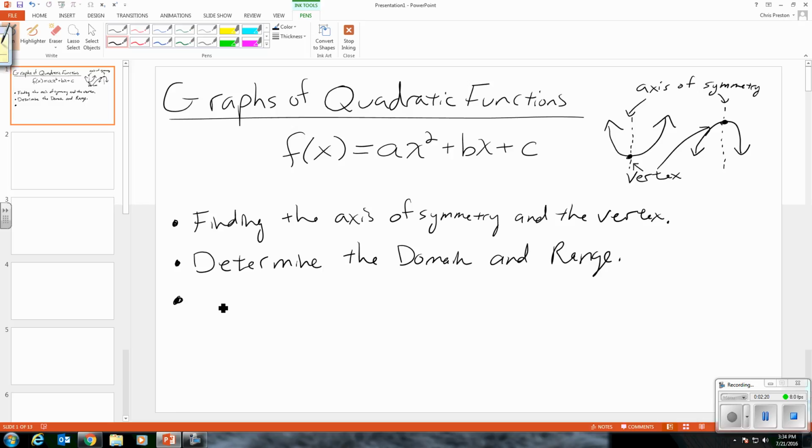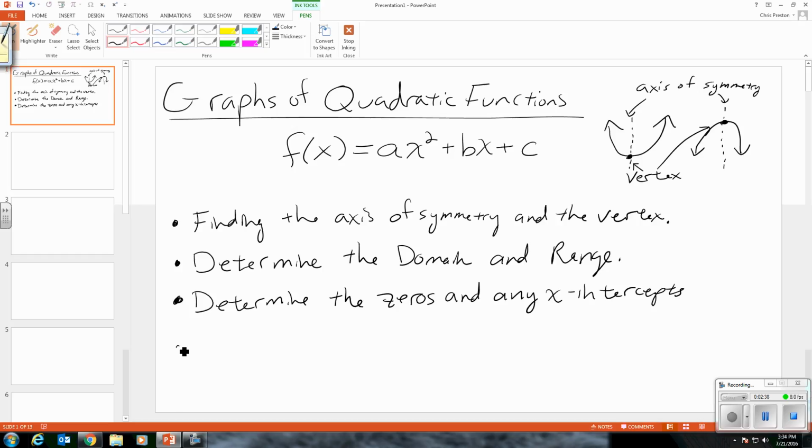We're also going to determine the zeros and any x-intercepts. And we'll also determine the y-intercept as well. Okay, so let's start off by looking at the axis of symmetry and the vertex.